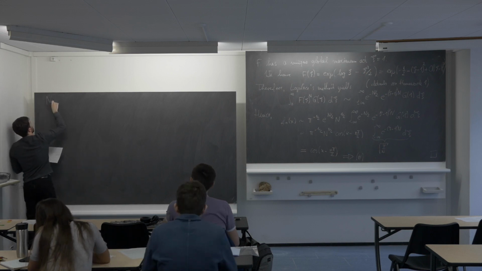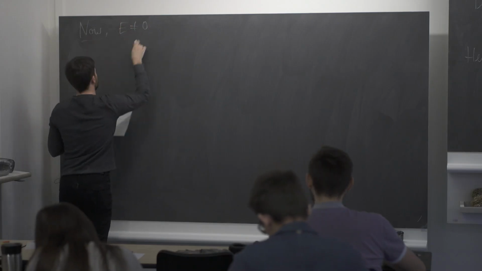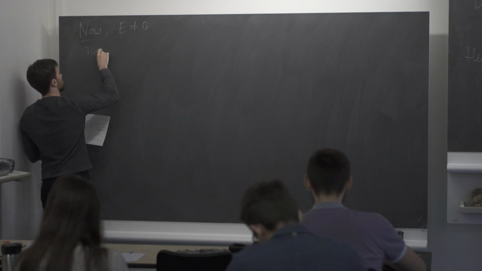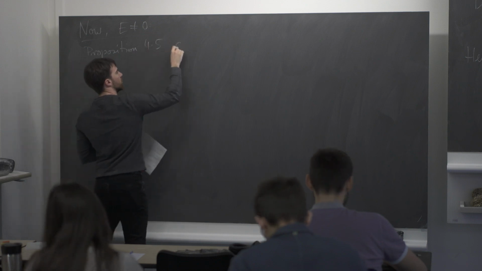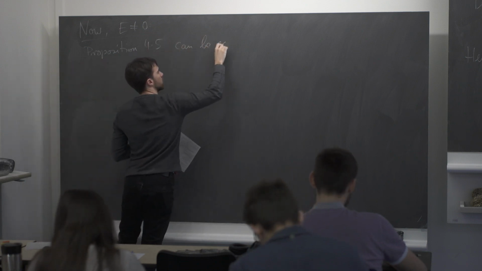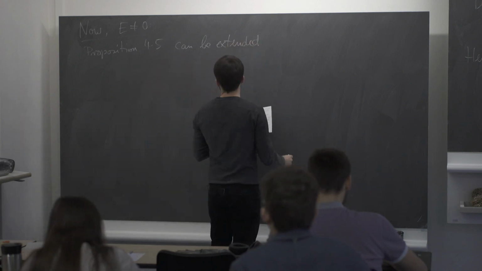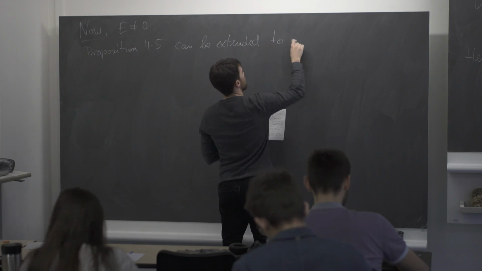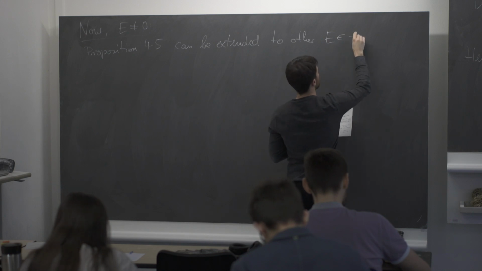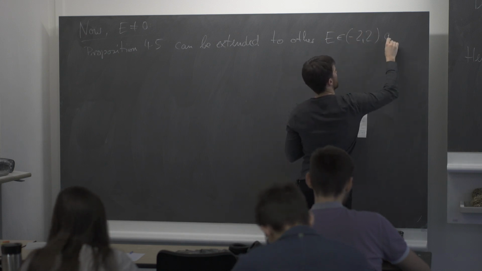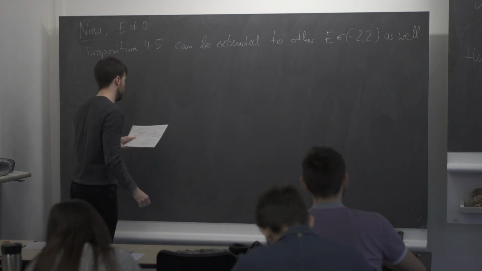So now E different from 0. So what do I mean? I want to extend proposition 45, it can be extended to other E in minus 2 to 2 as well. Let me write it down in detail.